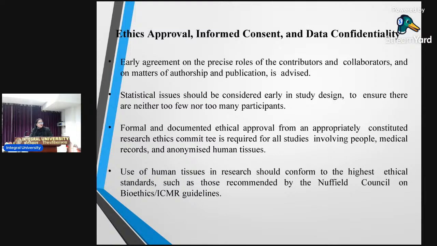Use of human tissues in research should conform to the highest ethical standards, such as those recommended by the Nuffield Council on Bioethics and ICMR guidelines. So if our study involves human tissues, we have to follow the recommendations of the Nuffield Council on Bioethics or the ICMR guidelines, Indian Council of Medical Research guidelines.